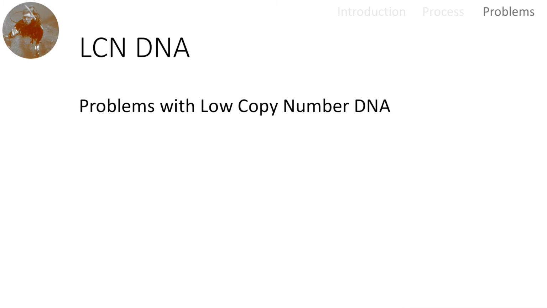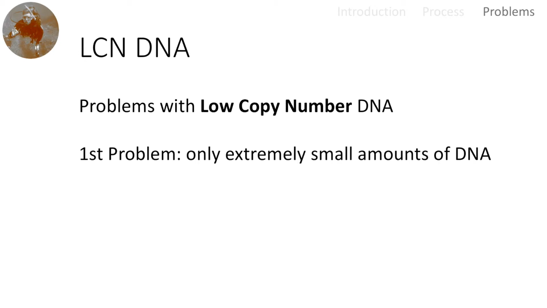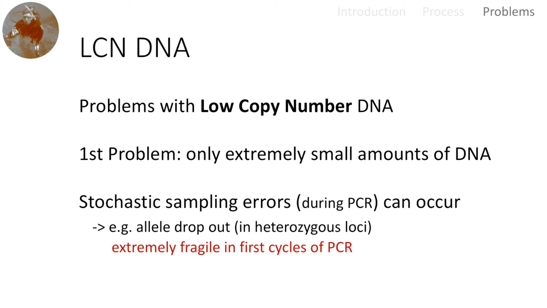Actually, LCN has several problems and I will go through them one by one. The first problem is that we have only this extremely small amount of DNA. And why is that a problem? This is because of stochastic sampling errors during the PCR, and they can occur.